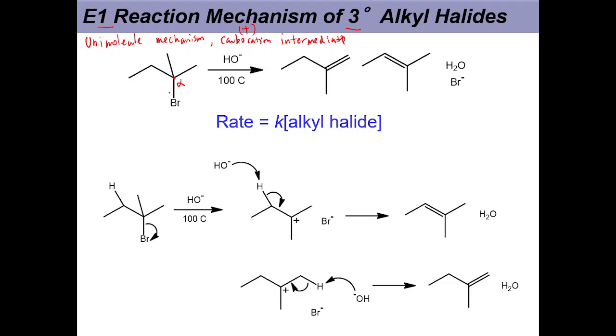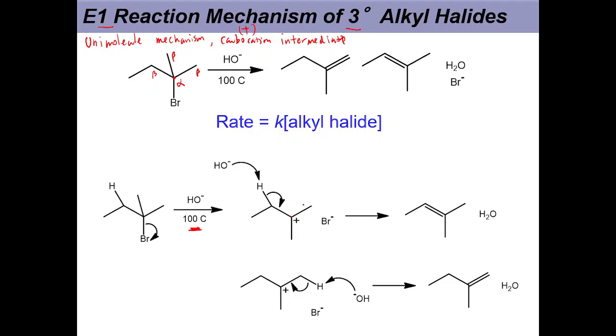Because of the tertiary carbon, it will be very hard for a base to attack the alpha carbon. Therefore, the bromine will just leave under heating, which will result in a carbocation intermediate. Now this intermediate is going to be fairly stable because it is a tertiary carbon.